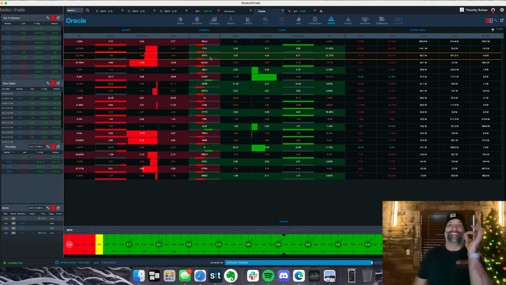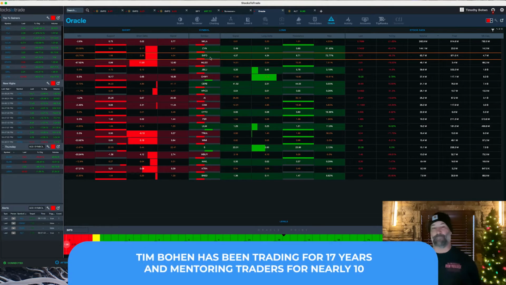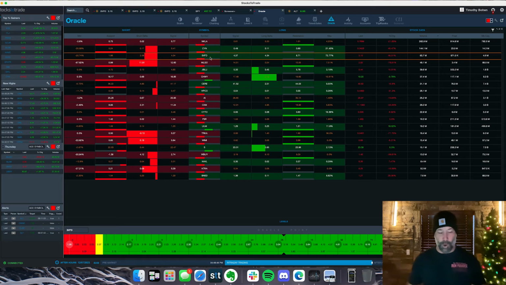But anyway, liquid NASDAQs, my favorite types of plays. These are stocks that make huge moves. You can trade them with any brokerage account. You can trade them with Robinhood, Webull, Interactive Brokers, or any broker. You don't need some of these specialized brokers, and especially a lot of you that have the mobile apps like the Robinhoods. All of these stocks are easily tradable on any mobile app, any broker, okay?